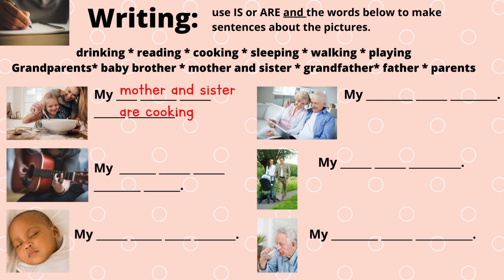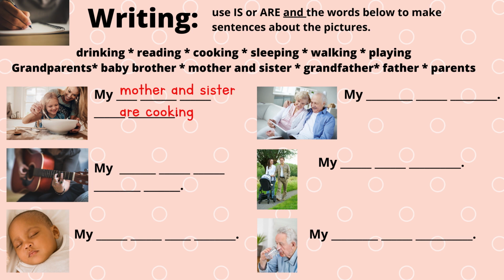You're going to write the same sentences using different verbs and different family members for the rest of these examples. Go ahead and write your sentences now, and then when you're finished, you can unpause the video and look for the correct answers. Go ahead and pause the video to write your sentences now.